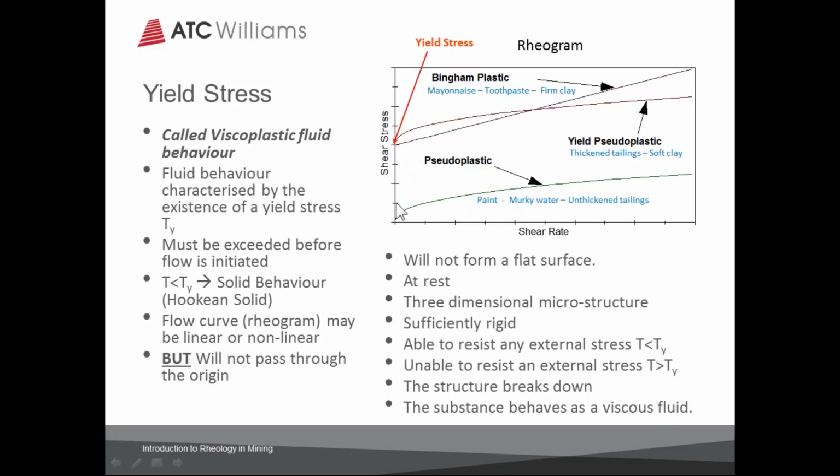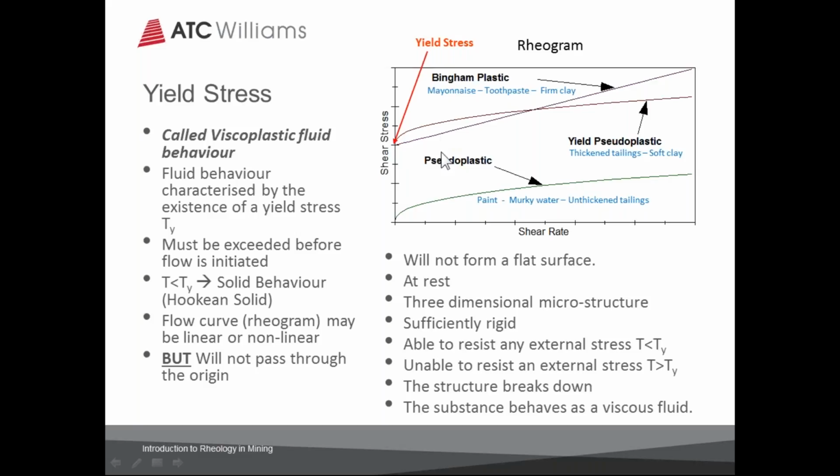But if we have this offset here, then we have distinct solid characteristics encapsulated by the yield stress. What's important to note is that if you apply shear stress which is lower than the yield stress, then what we get is solid behavior. It does not flow.